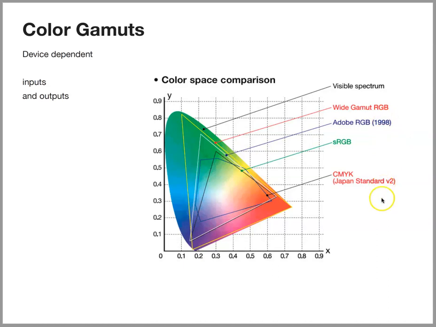Some of them are larger than others, but then you get into accuracy problems. Notice the colors that are the hardest to reproduce are the greens and blues and purples. They fall outside the gamut.